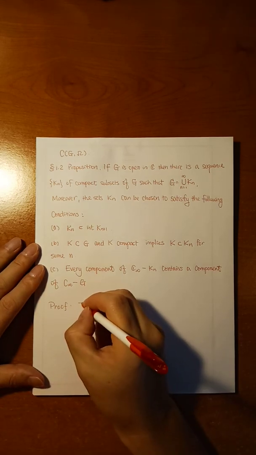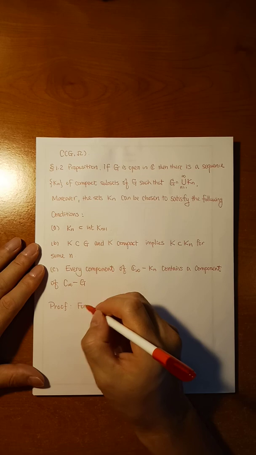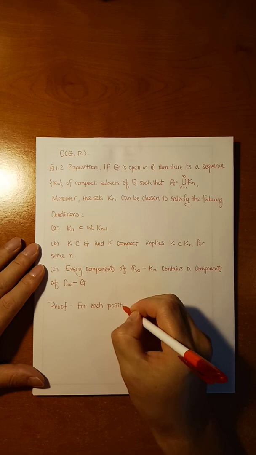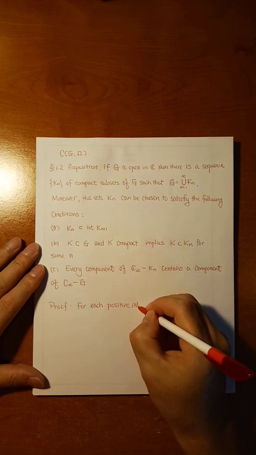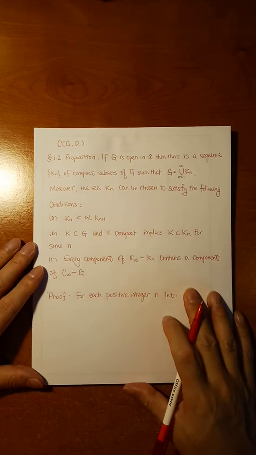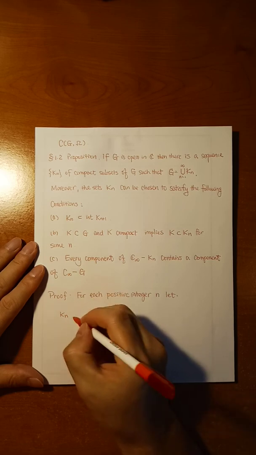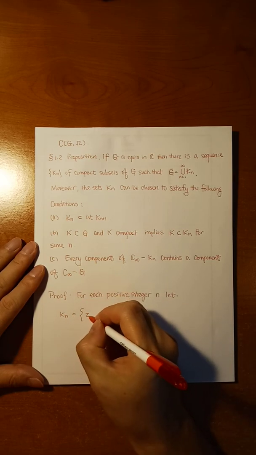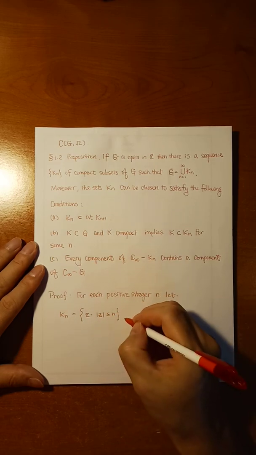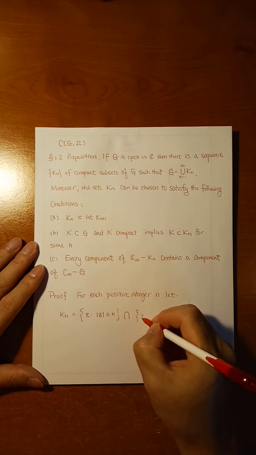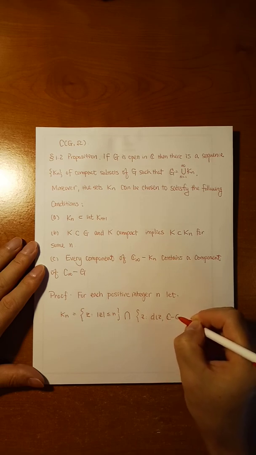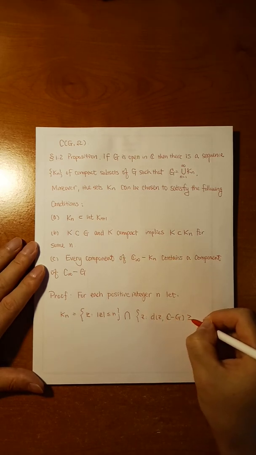Okay, so for each positive integer n, let Kn be the set of z such that the modulus of z is less than or equal to n, intersect the set of z such that the distance between z and C minus G, the complement of G, is greater than or equal to 1 over n.